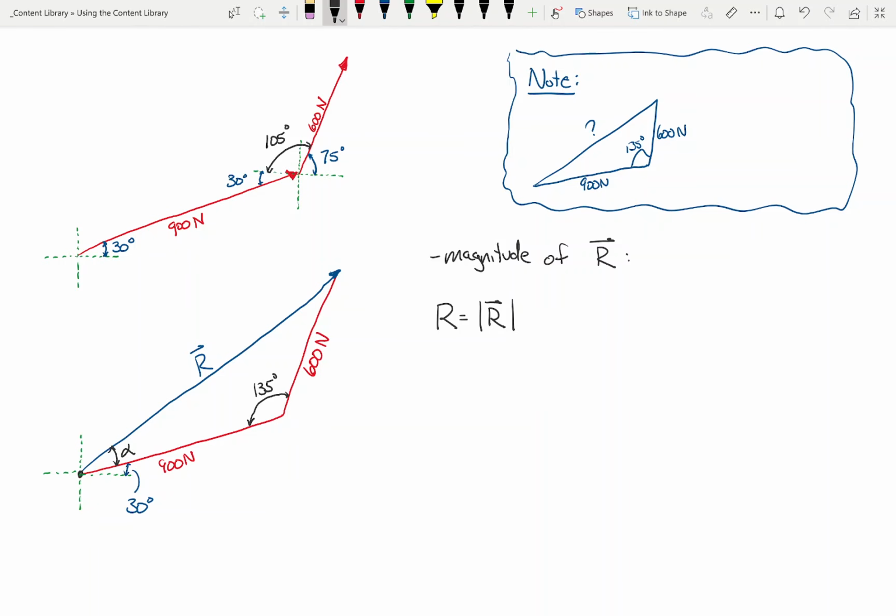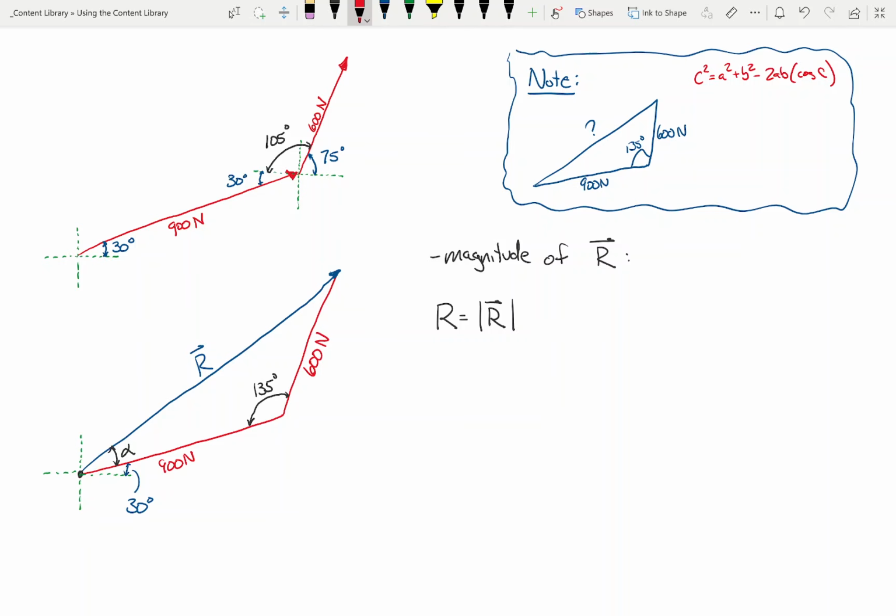If I ever write R without an arrow over top of it, I'm referring to just the magnitude. Now, how am I going to do that? Well, what does the law of cosines say? It says something like c squared equals a squared plus b squared minus 2ab cosine c.